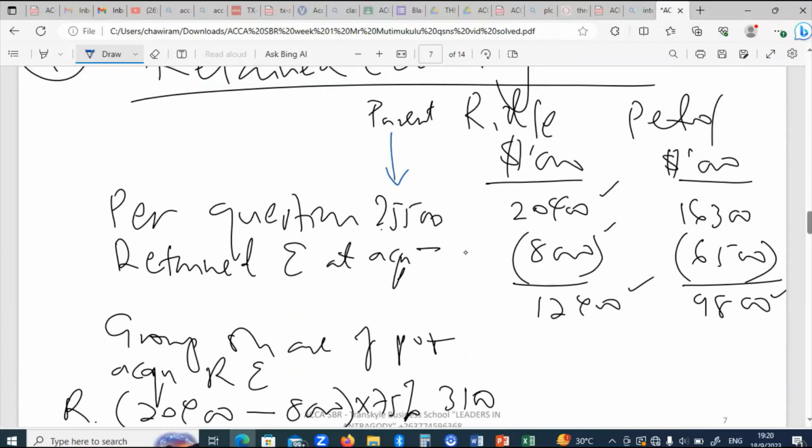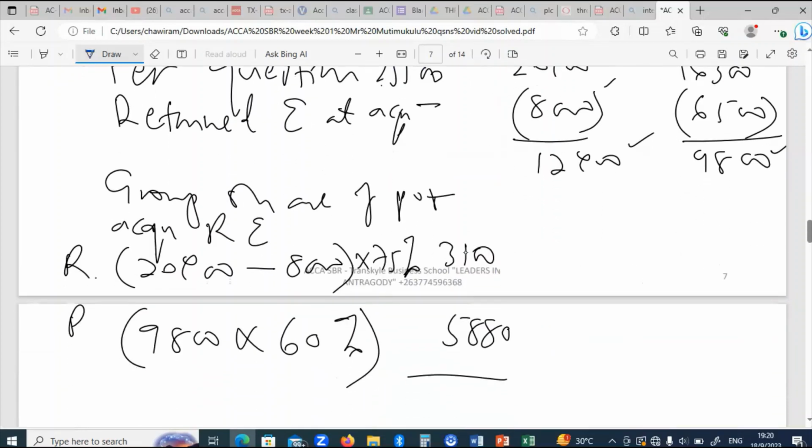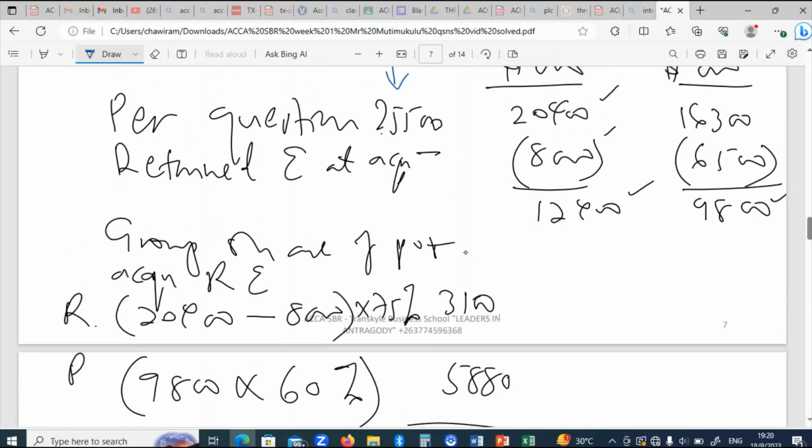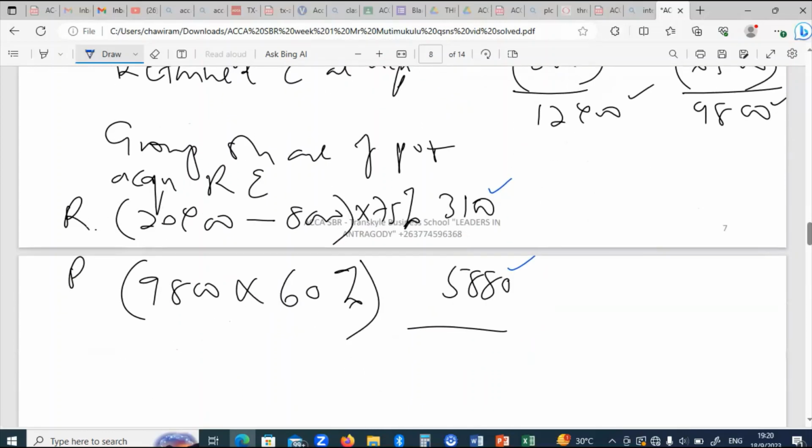So this is the parent column. That's the column that is going to give us the total retained earnings to appear in our consolidated statement of financial position. So we are going to add this figure and this figure and this figure, and we get the total. Our total should be 40,680,000. So that's the total retained earnings figure.